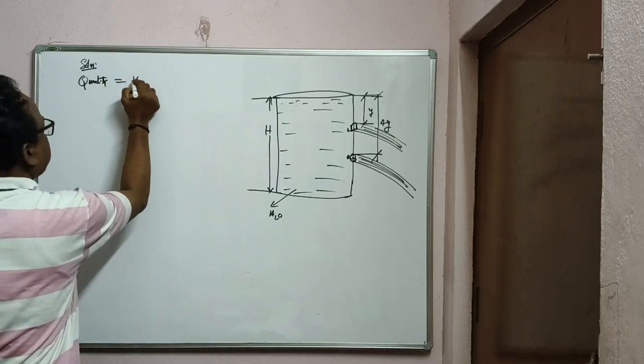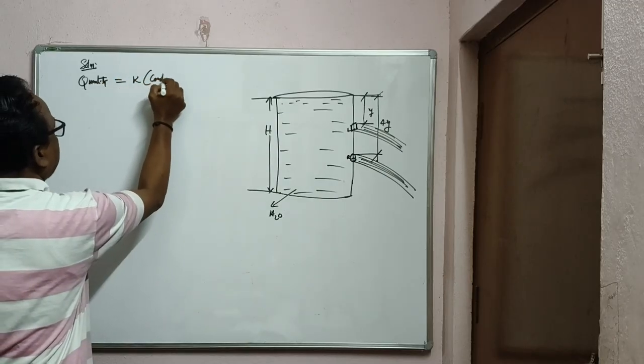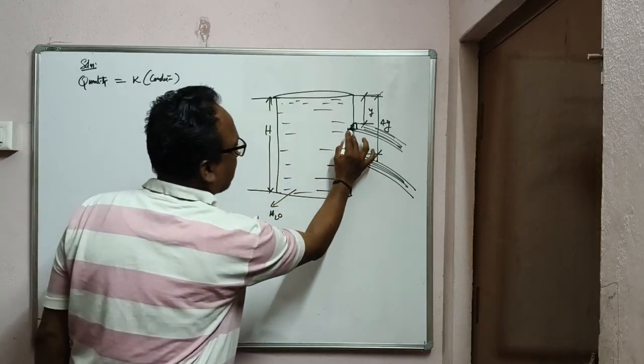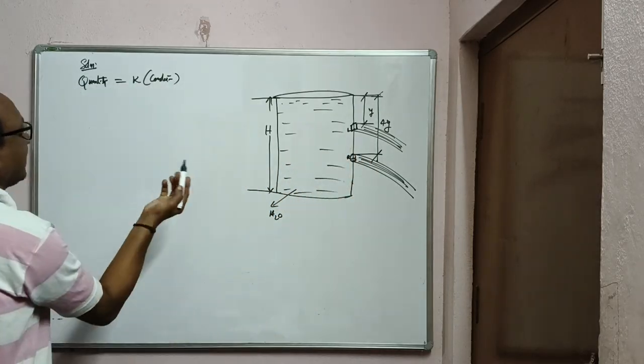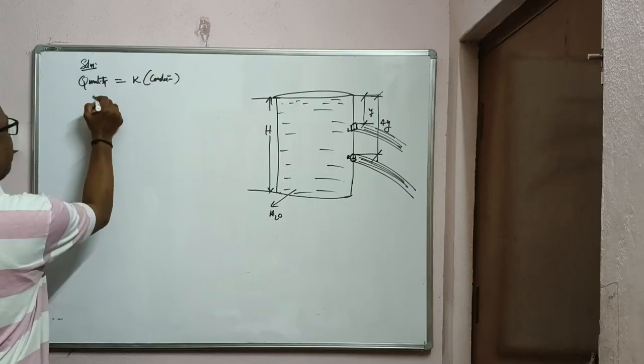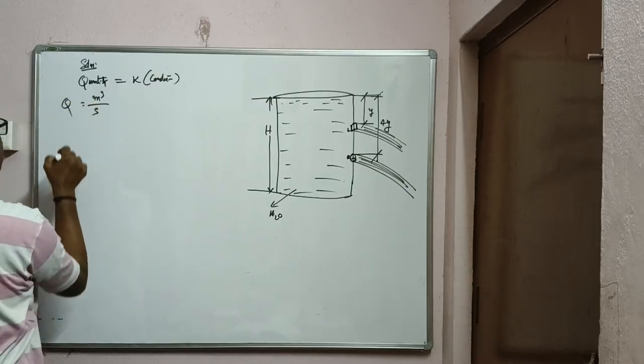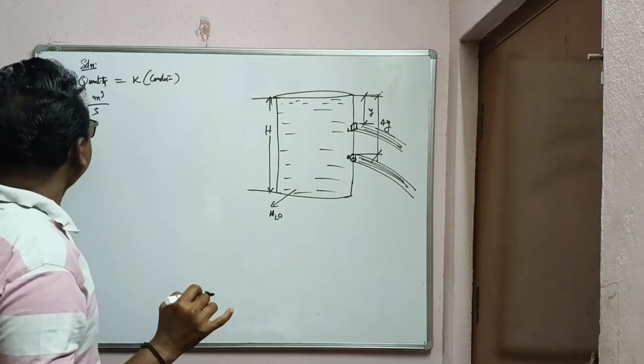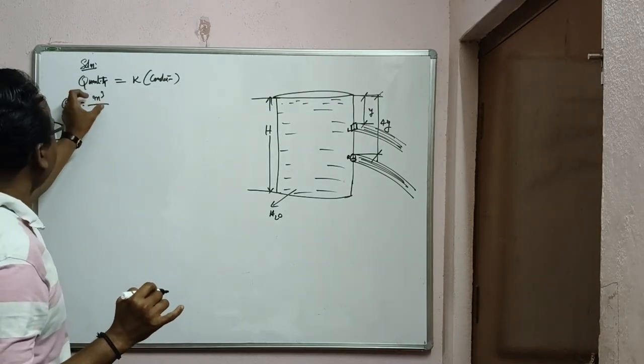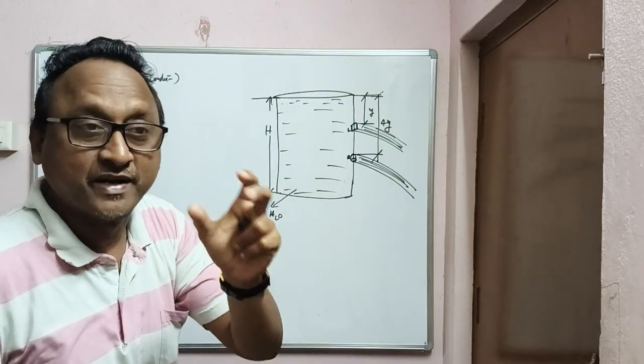The quantity coming out from this and this, in meter cube per second, is indicated with Q. Whatever fluid is coming out, that volume per second is constant.